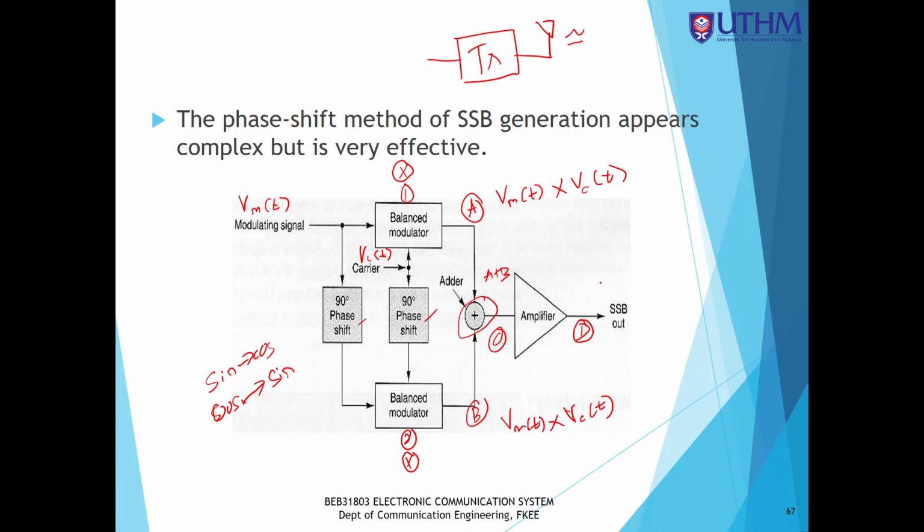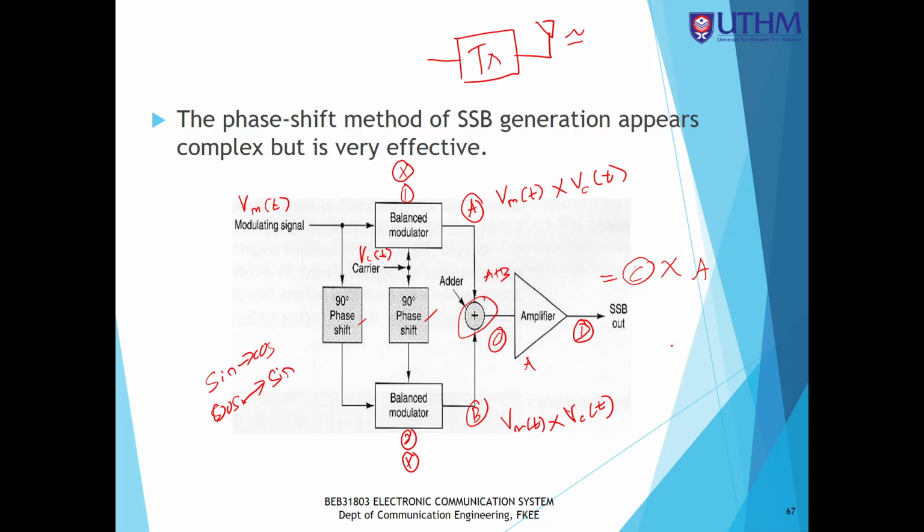Then here we have an amplifier with gain of A, so you need to multiply the amplitude of the signal. That means point D is equal to point C multiplied with the gain. You amplify the signal and get the output as a single sideband.